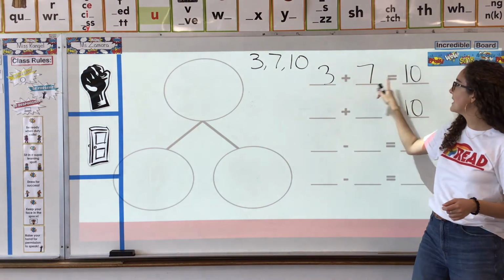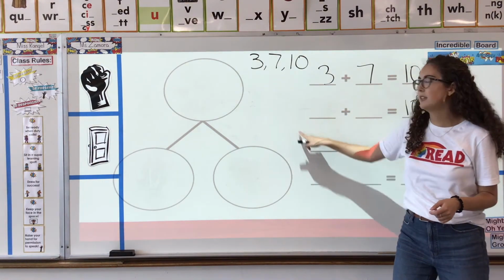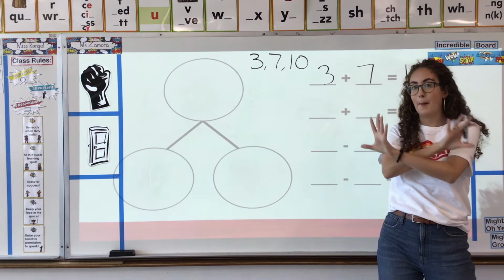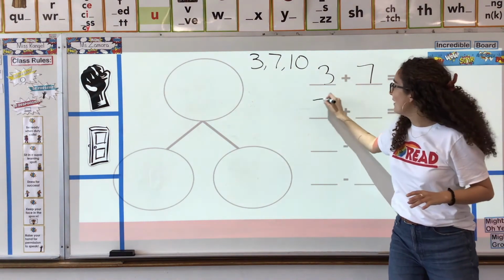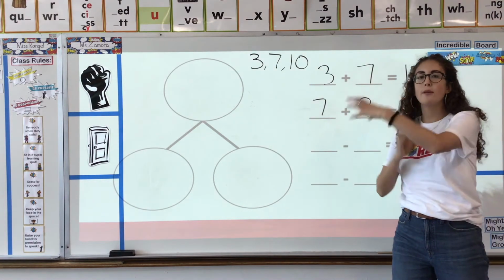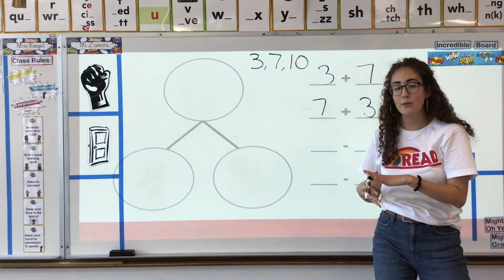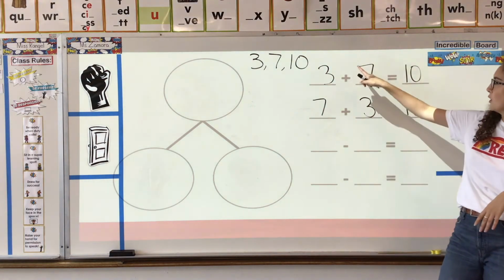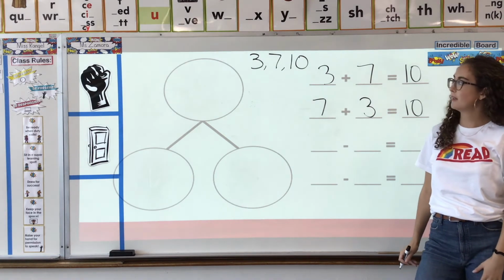So if 3 plus 7 equals 10, what is going to be our second addition sentence? 7 plus 3 equals 10. You can just reverse the numbers because it doesn't matter how you combine 7 and 3, you will get to 10 either way. So we have now created our first two fact family sentences.